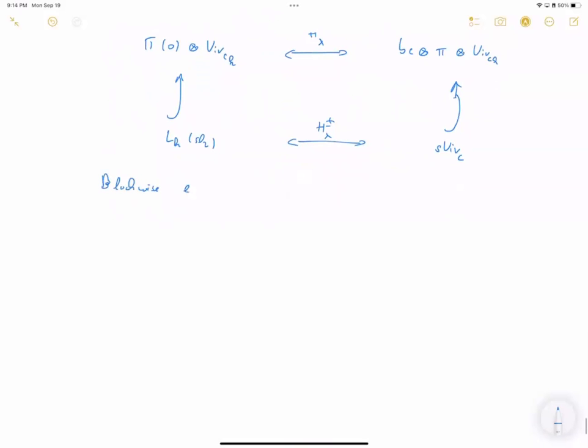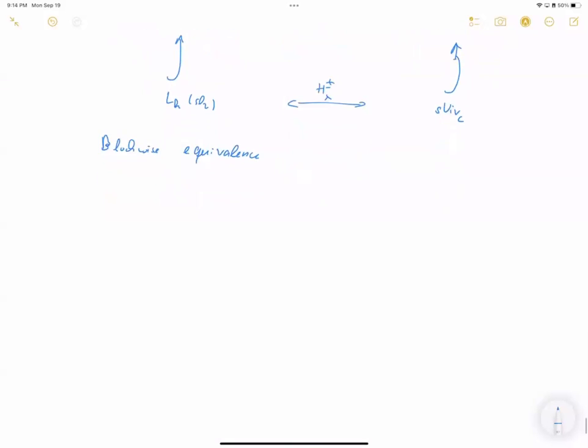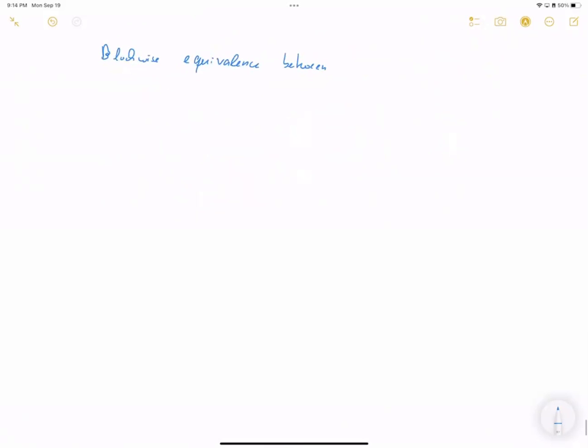It just works whenever you have two VOAs that are related via this construction. So in particular, what one gets is blockwise equivalences between the following thing. So you have on the top modules for your first big VOA. Let me still call this weight modules.